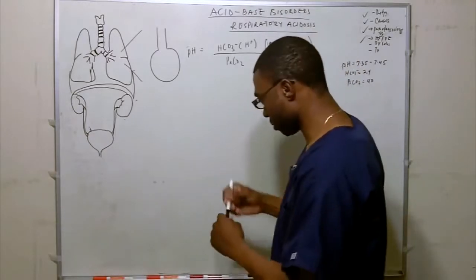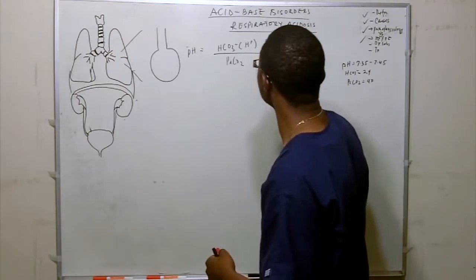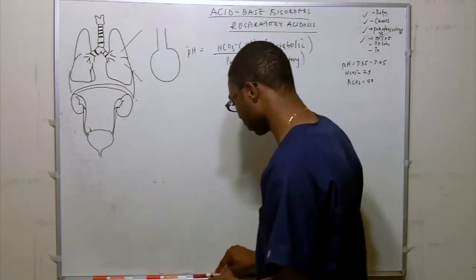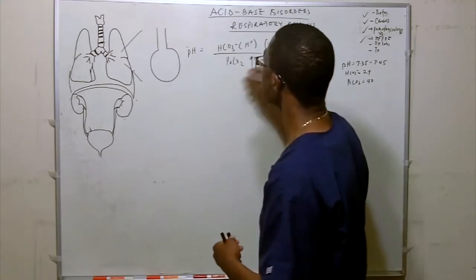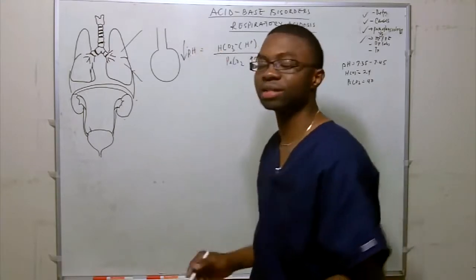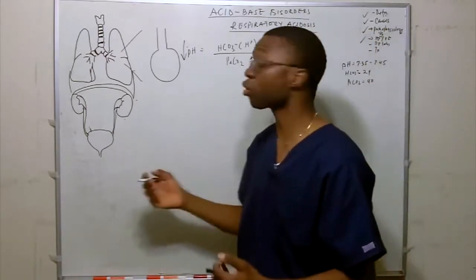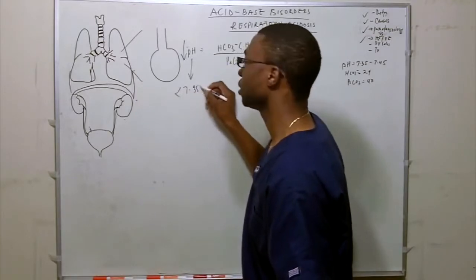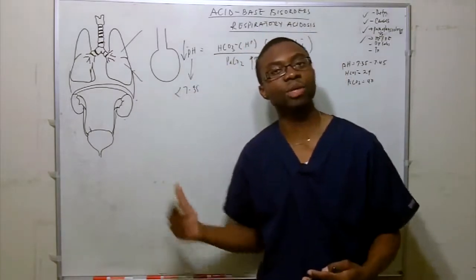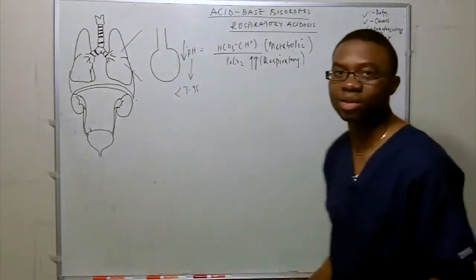So what we're talking about in this case is that our PCO2 is very high, right? And what will happen to the pH? It's going to drop because it's acidosis. So automatically, you should be thinking in your head the pH should be less than the normal pH, which is like 7.35. PCO2. Remember, I told you, you've got to memorize these parameters.